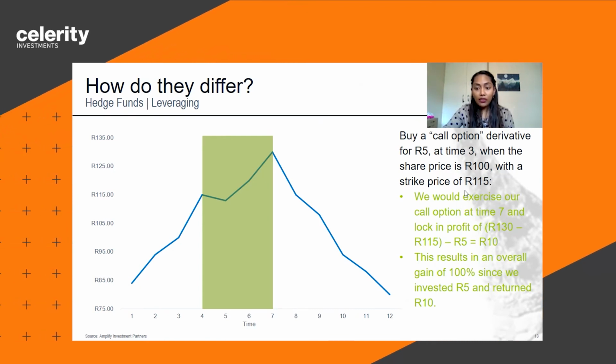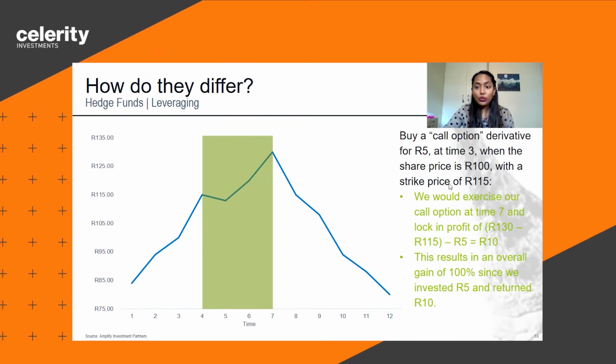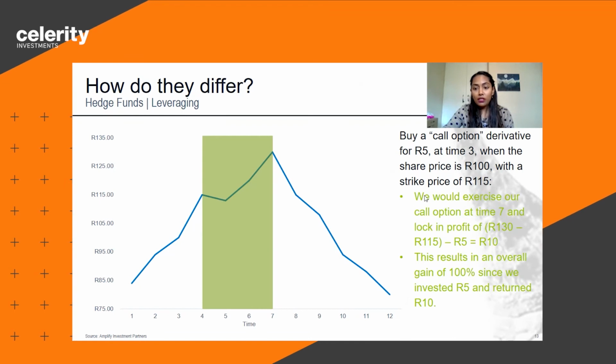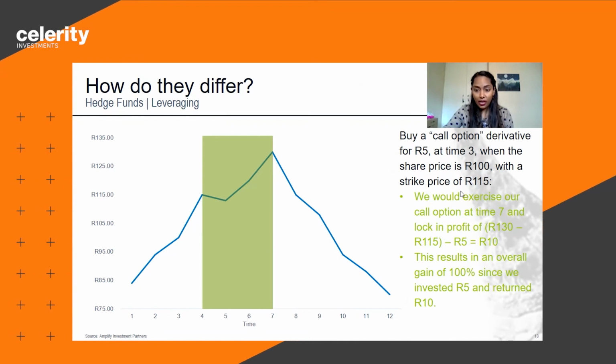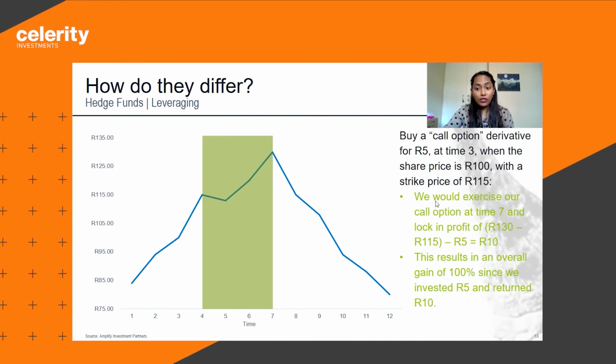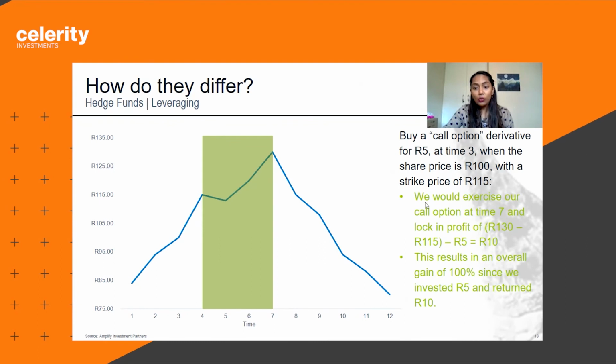If the manager perfectly times the stock, he will choose to exercise his call option at time 7, when the share price in the open market is 130 rand. This means he'll be able to buy the stock for 115 rand from his derivatives counterparty and sell it on the open market for 130 rand, making 15 rand on that sale.